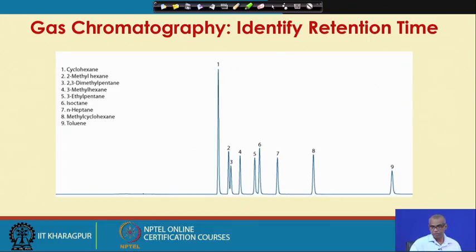For example, here you have several components. You must first perform experiments with the pure components to know their retention times. Then you know that 1 is cyclohexane, 2 is 2-methylhexane, and so on.